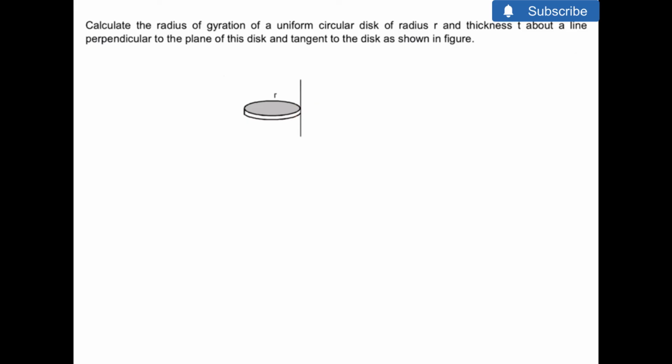So we can see that the moment of inertia of the disk about its center of mass axis is m r square by 2, and therefore the moment of inertia of this disk about this axis, I, would be I is equal to I_COM plus m r square.